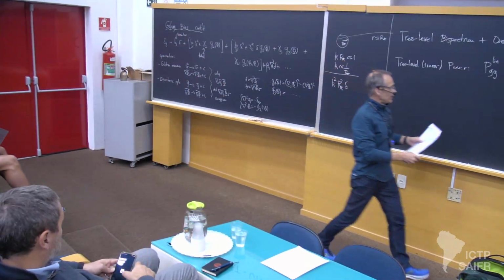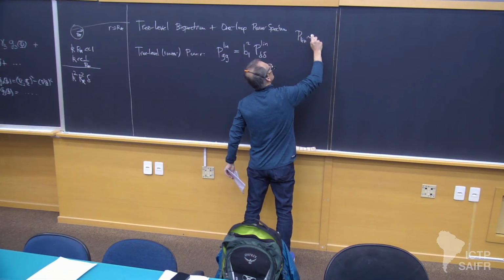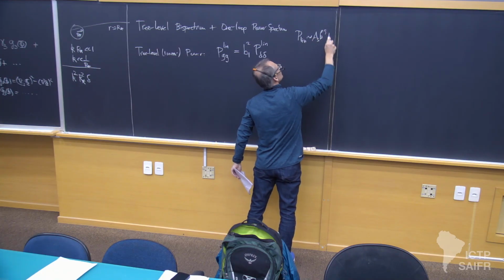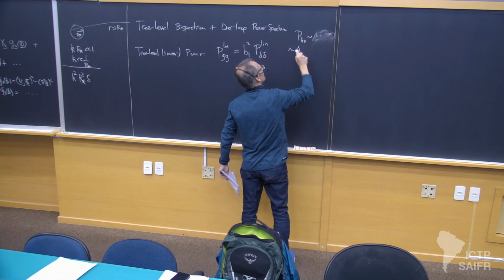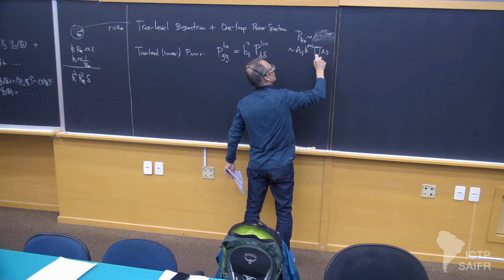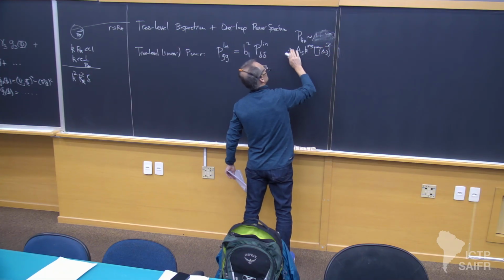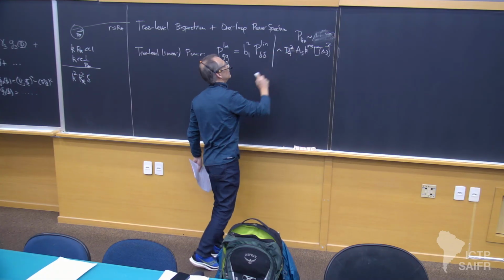If the linear power spectrum goes essentially, remember, as A_s k to the n_s times the transfer function squared, and then we have the growth factor there.